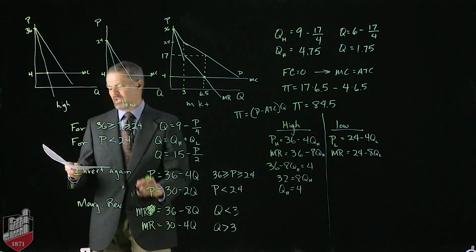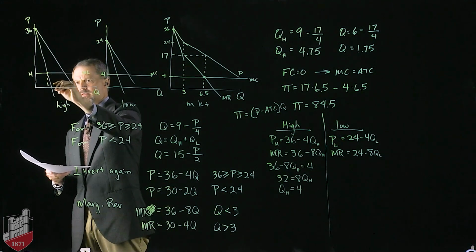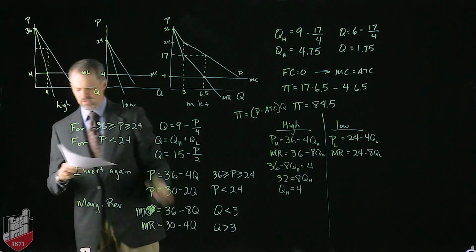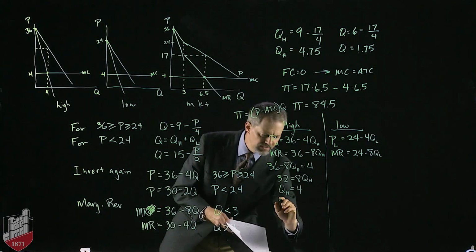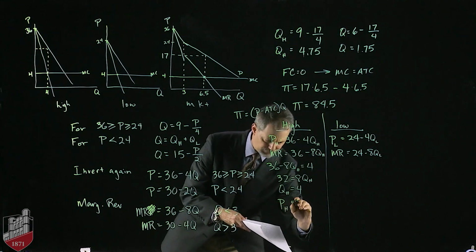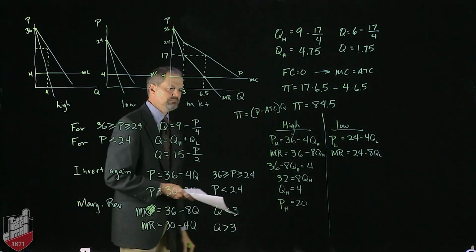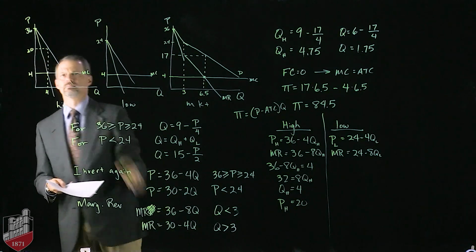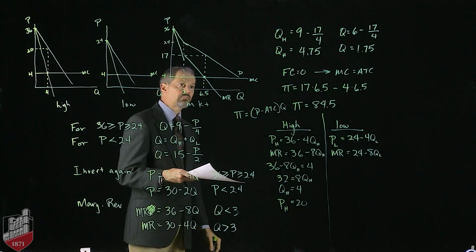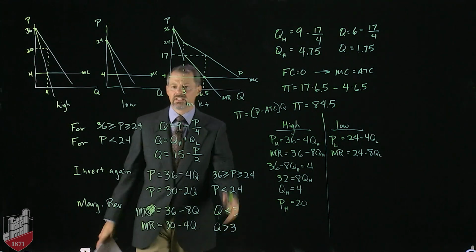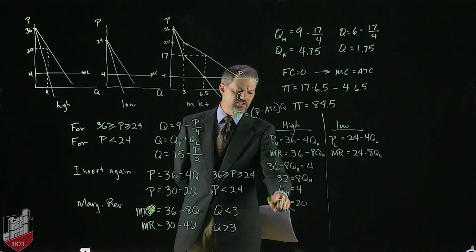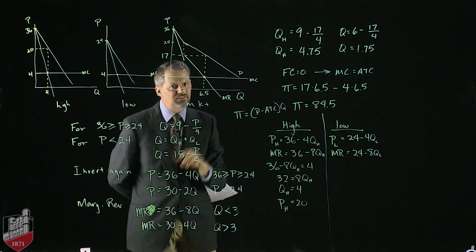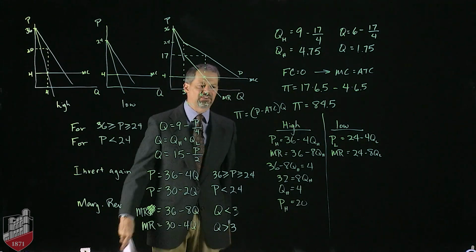If you plug that 4 in to the demand curve, what you're going to get is a price of 20. And you can see, now that they're price discriminating, they're going to charge that high willingness to pay group a price of 20 rather than that price of 17 if they had to charge everybody the same price.